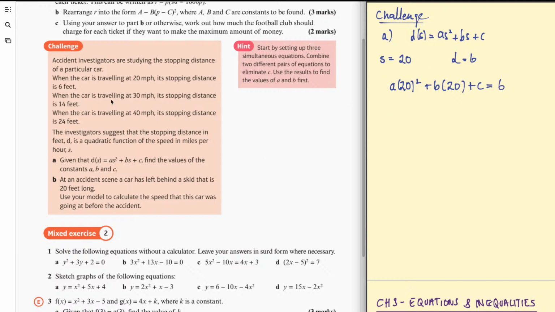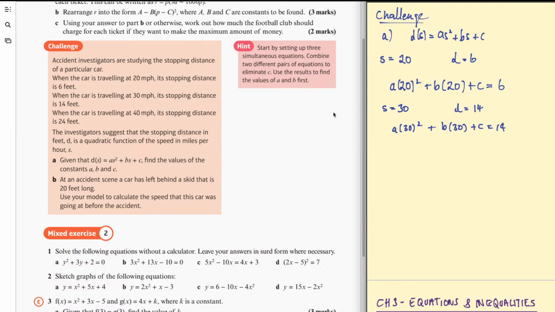Using the other pieces of information, we can create 3 equations to solve for a, b, and c. Using s equal to 30 and d equal to 14, a times 30 squared plus b times 30 plus c is equal to 14.